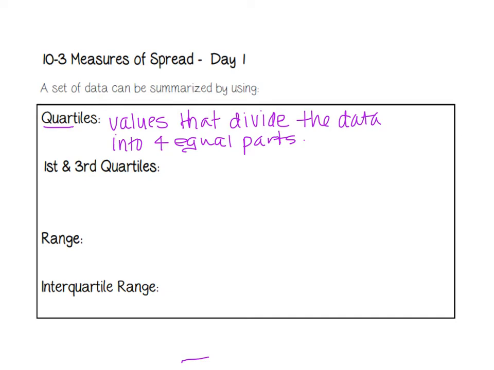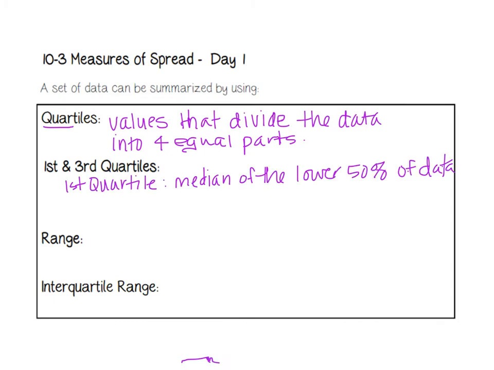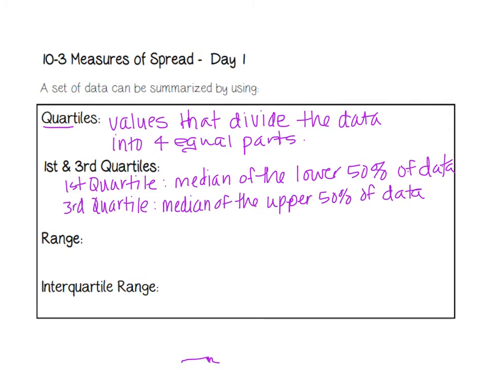So I kind of lumped the next two together, first and third quartiles. The first quartile is the median of the lower 50% of the data. And I bet you can guess what the third quartile is. It is the median of the upper 50% of the data. So hopefully you remember that median means the middle part.